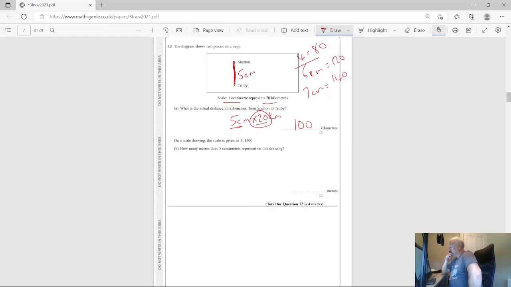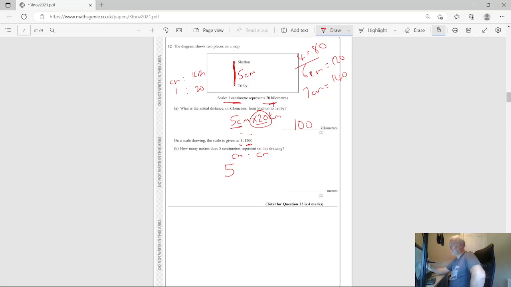Part b relates to the same thing. This said the scale was 1 centimetre to 20 kilometres. On a scale drawing, the scale is given as 1 to 1,200. How many metres does 5 centimetres represent on this drawing? The earlier one was 1 centimetre compared to 20 kilometres.